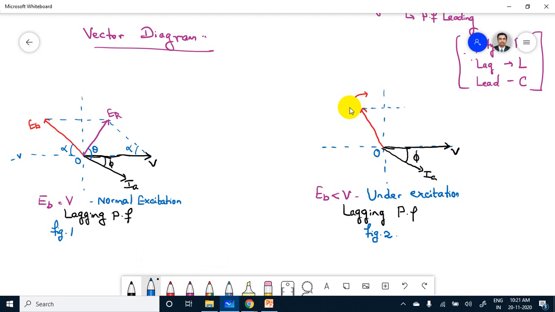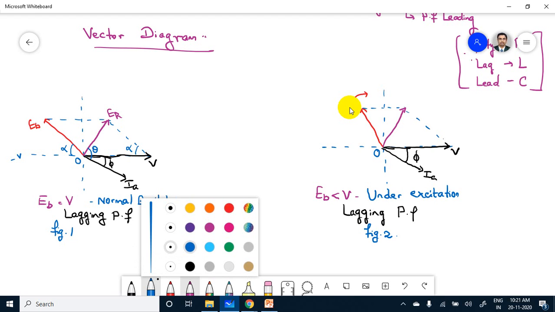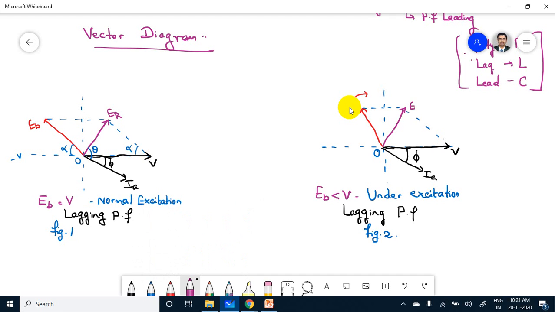Now you have to draw a resultant because there is no disturbance in ER. This is ER. Then join this line. The notation, this one will be ER.